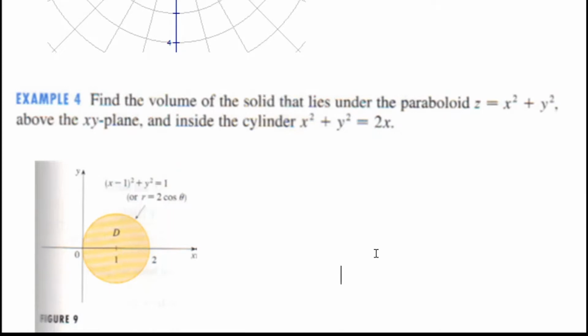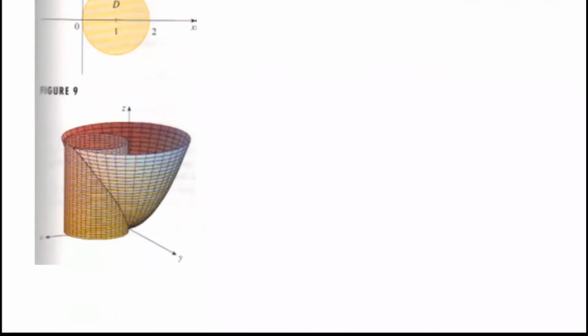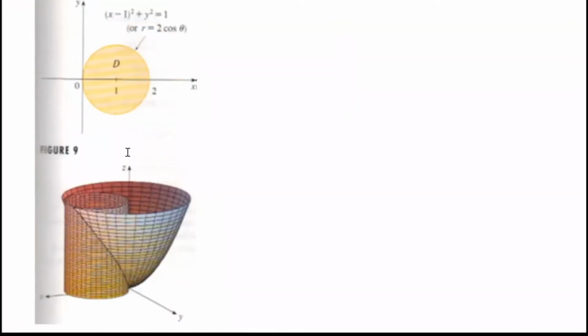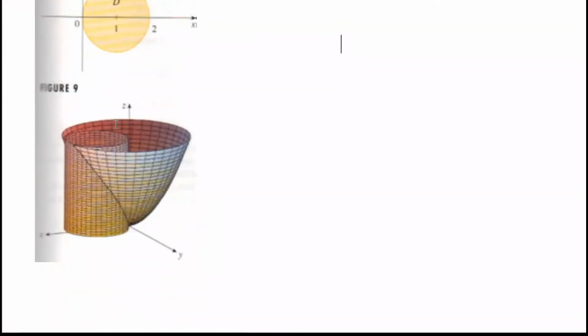Do you have an image of this volume in your head? So we have a paraboloid here, and we are going to take a circular cookie cutter and cut it, right? We want this thing right there. You get it? This volume is what we want. You got it?